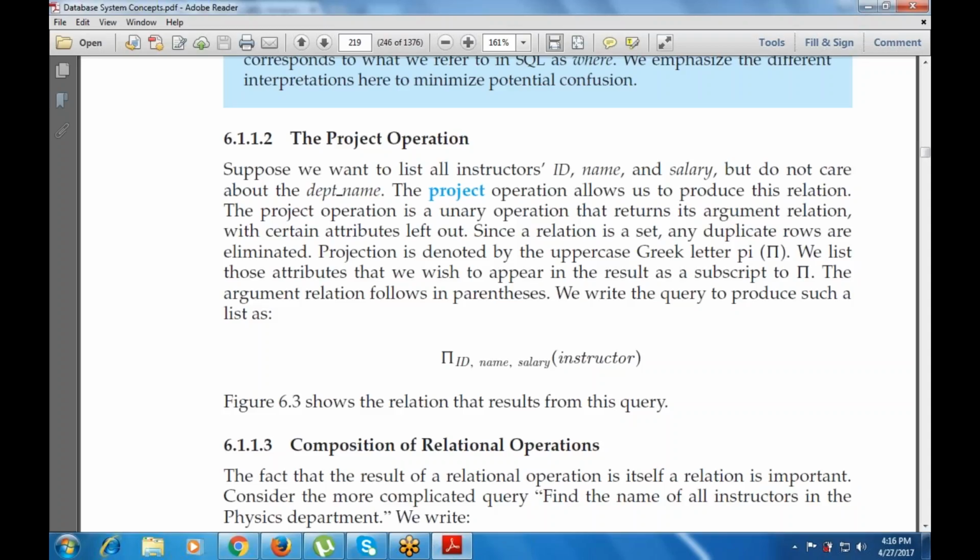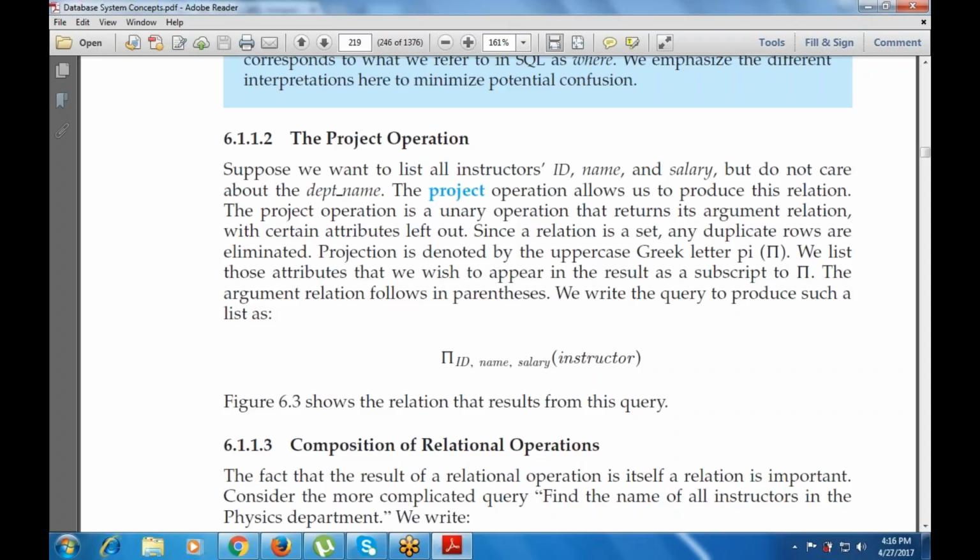We write the query to produce this like so: pi, ID, name, salary. So we are taking out the three fields. That means we are not selecting each and every tuple as in the case of select, but we are selecting the fields. So the difference is clear. In case of select, we are considering the full tuples, and full tuple means each and every record. In case of projection, we are considering only the fields.